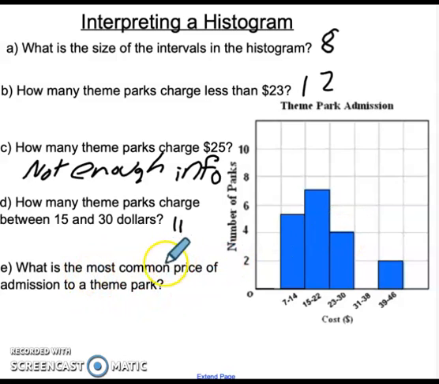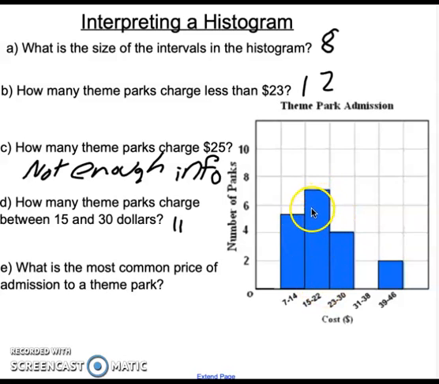Okay, what is the most common price of admission to a theme park? Again, this is another one asking about the specific prices. Because I pool them all into intervals, this is another example of something I cannot answer. I know this is the most common range, but I don't know what the prices are in here.